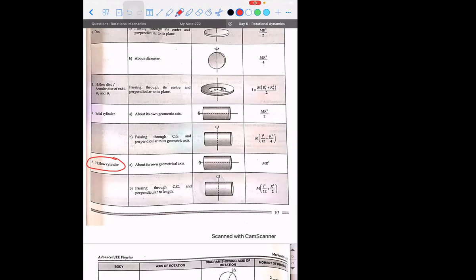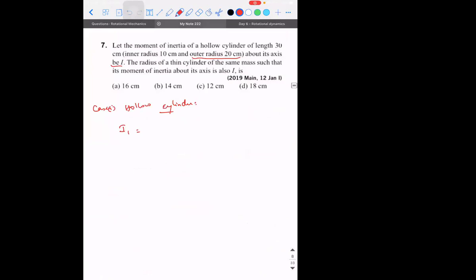It's a cylinder only, right? Yes, sir. So the moment of inertia of a hollow cylinder of length L having inner radius and outer radius.